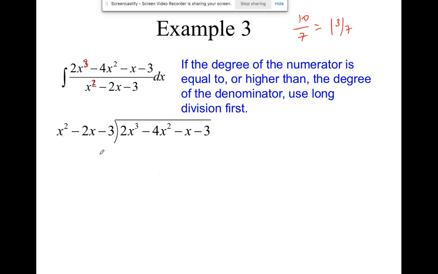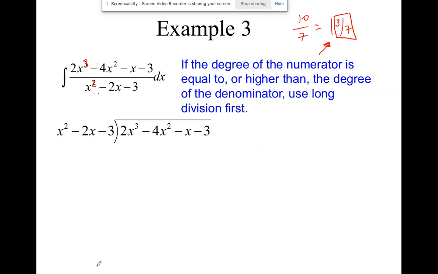That's what I'm doing here. The bottom is not as big as the top, so divide to make it so. If you use partial fractions and you don't do long division first, you will get the fraction part of your answer, but you'll lose the whole part.